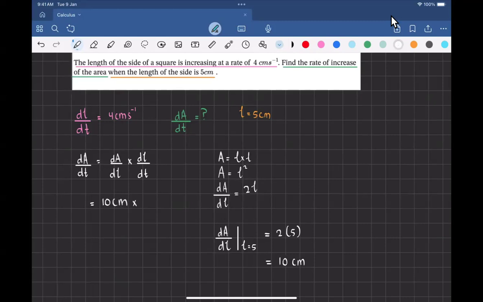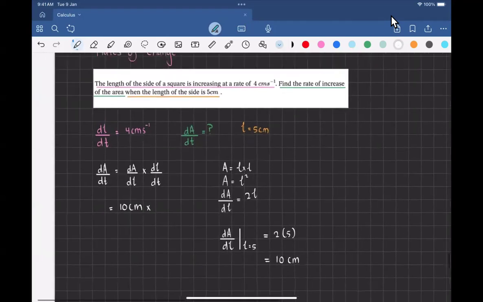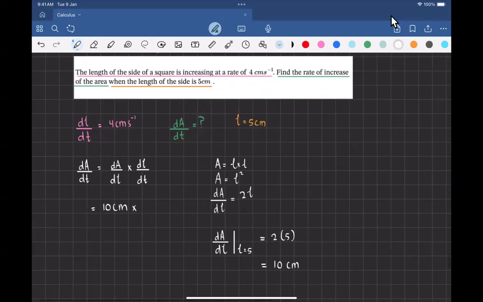So dA/dL, that's 10 centimeters, and you multiply that by dL/dt. dL/dt, remind me what that was? That was given to us. Oh, that was 4, right? 4 centimeters per second.